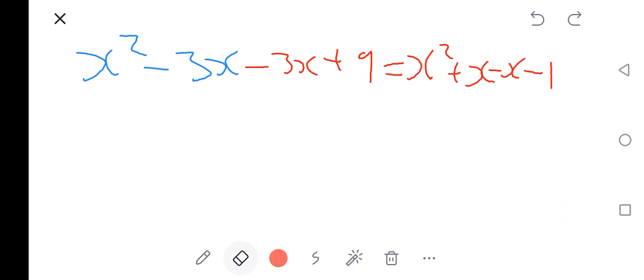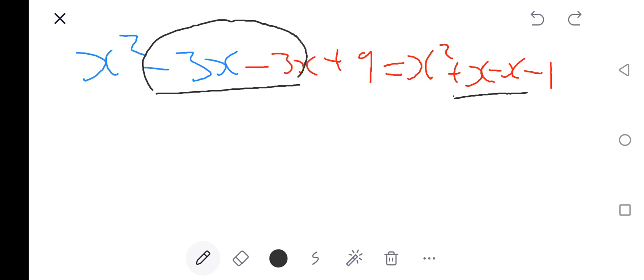We have to do the like terms together, but before that, let's simplify this part, and also let's simplify this part. So what are we having? We're having x squared.